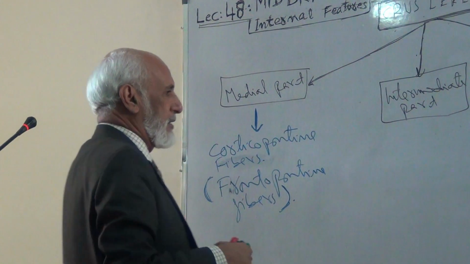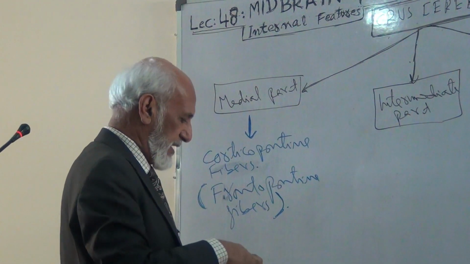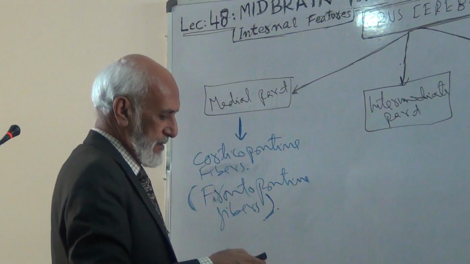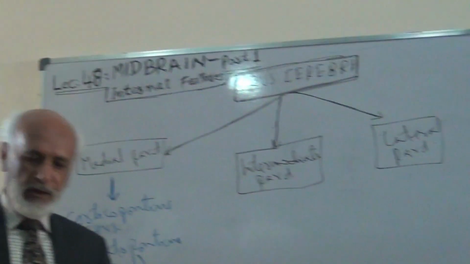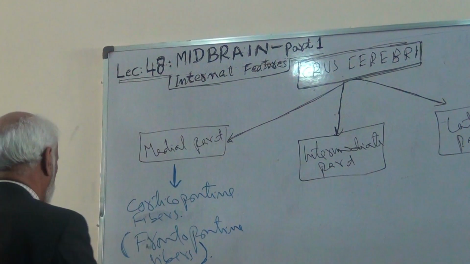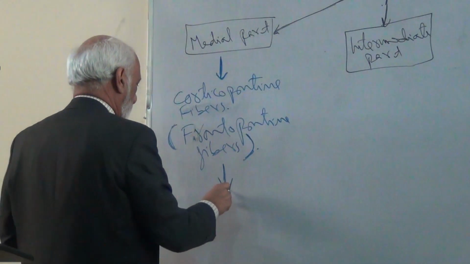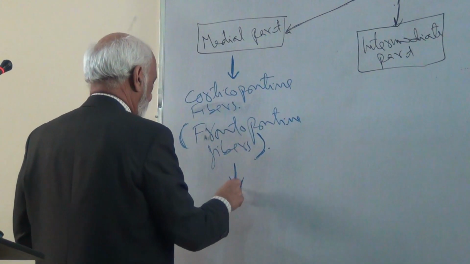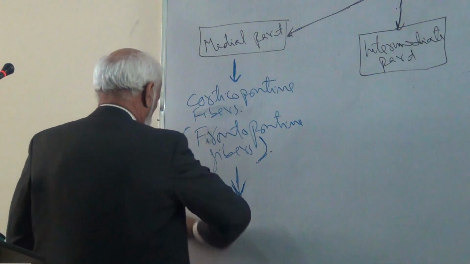They descend through the medial part of the crus cerebri, enter the pons where they terminate in the pontine nuclei of the same side, the ipsilateral pontine nuclei.